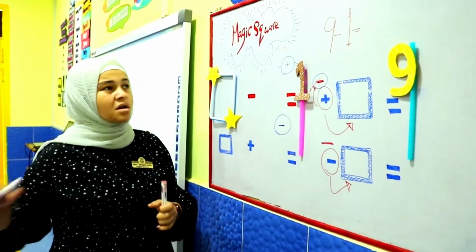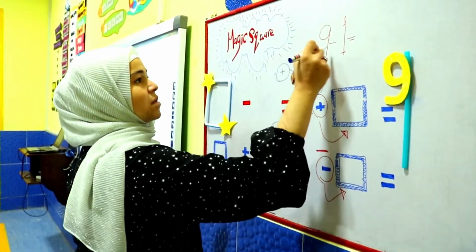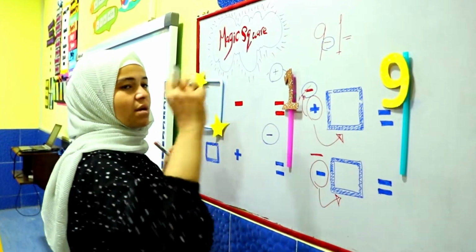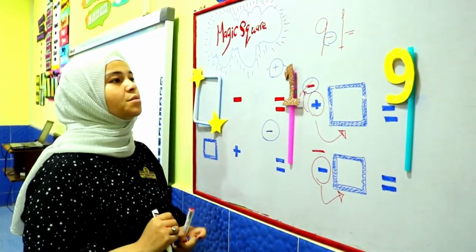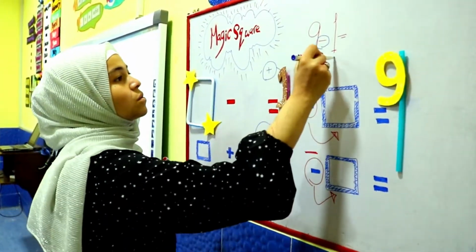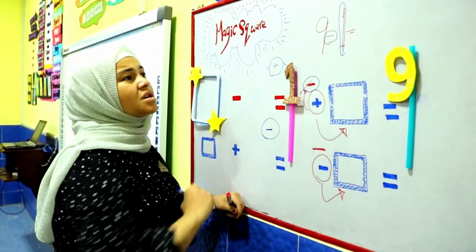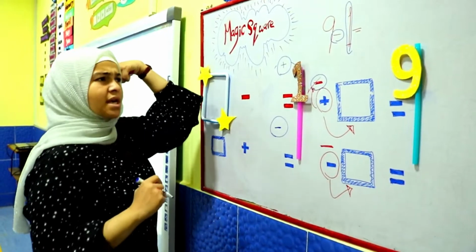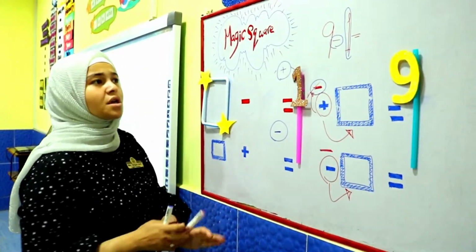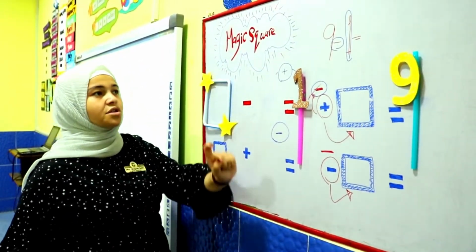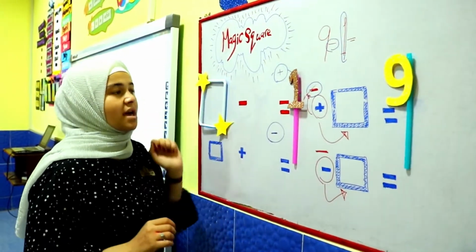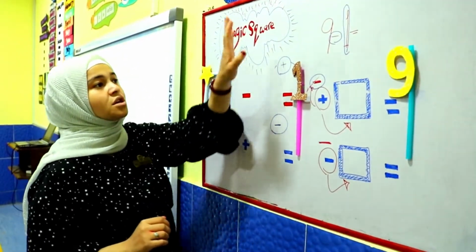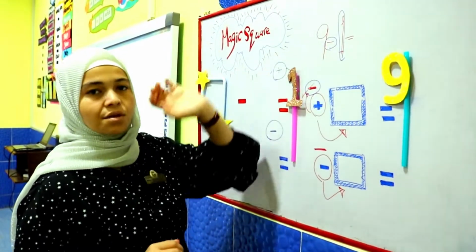So minus means take away the smaller number. Which is the smaller number here? 1 is the smaller number. So put the smaller number in my mind, which is 1, and count to the bigger number. Then count how many fingers to write here as the result.